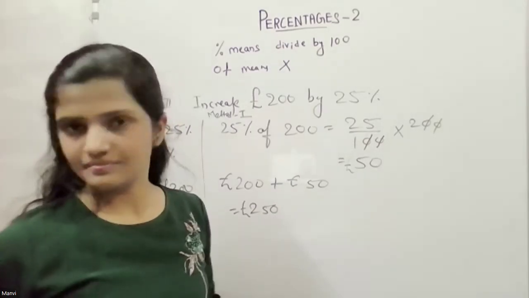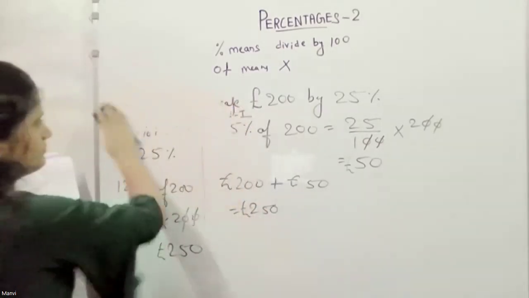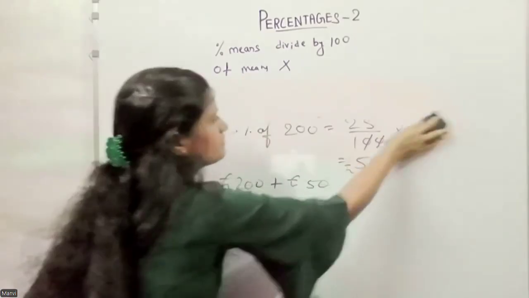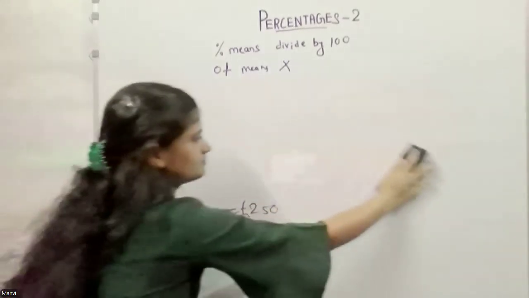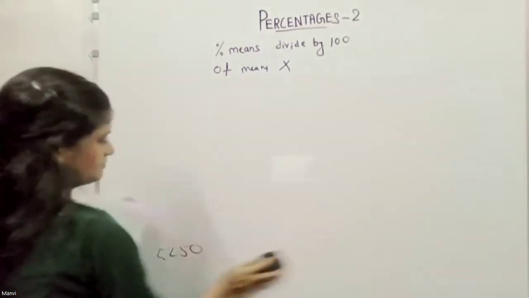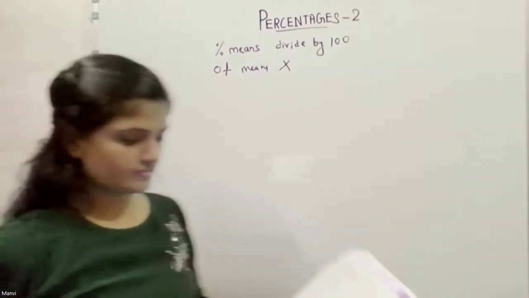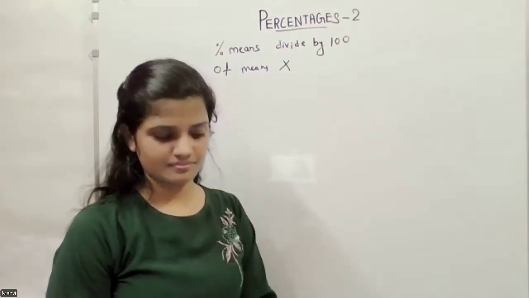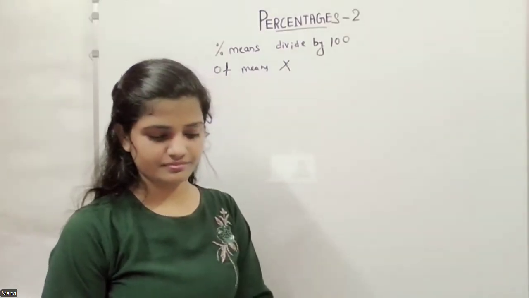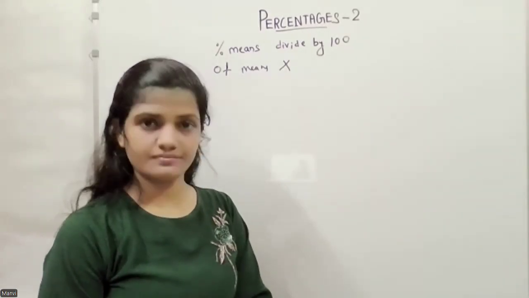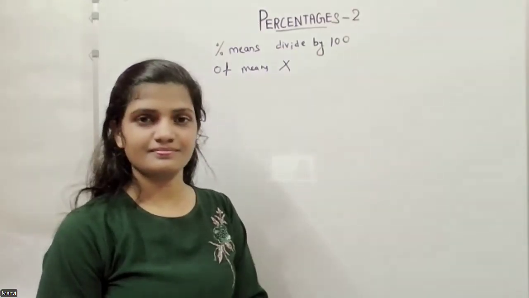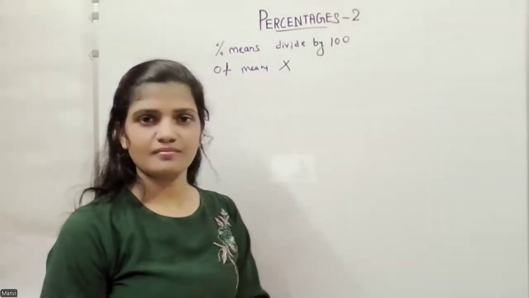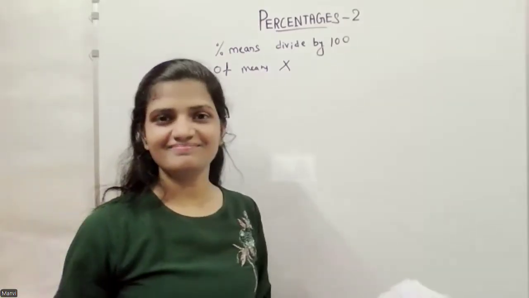Yes, I can see it. 100% plus 25% makes 125%. Now find 125% of 200. It says that.